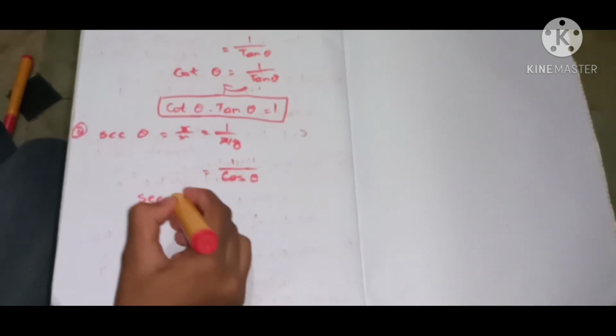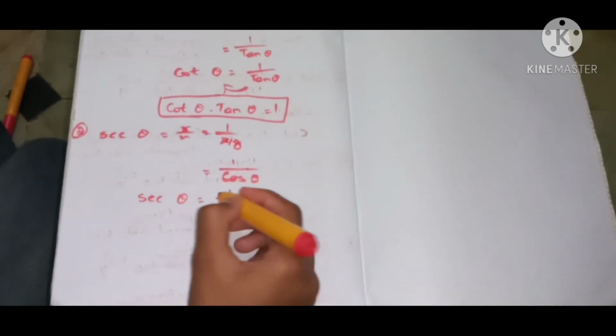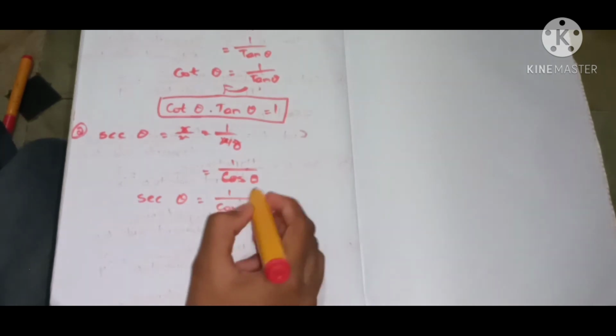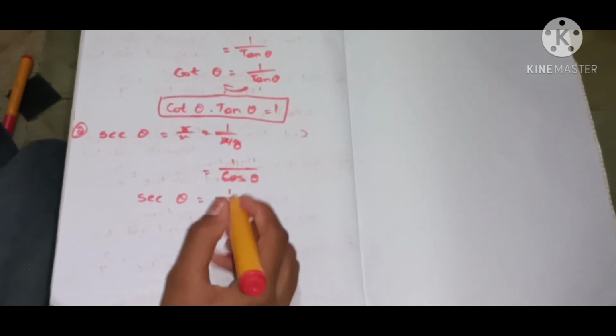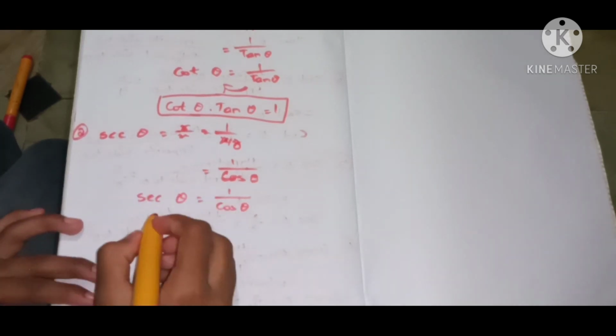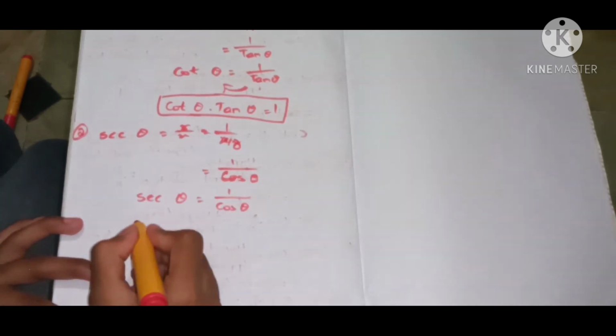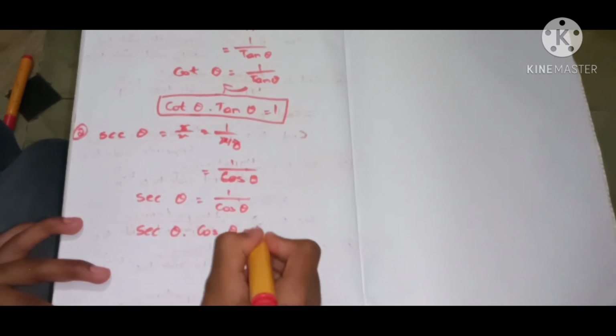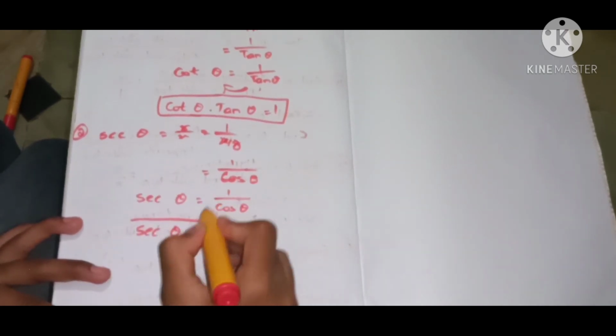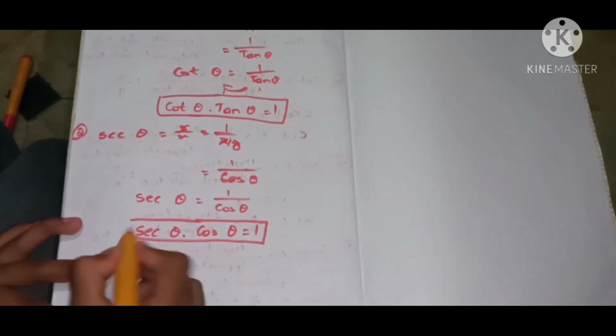Sec theta equal to 1 by cos theta. Here cos theta is dividing with 1. When we transpose cos theta to the left hand side, it will multiply with sec theta. Sec theta into cos theta equal to 1. This is another important note.